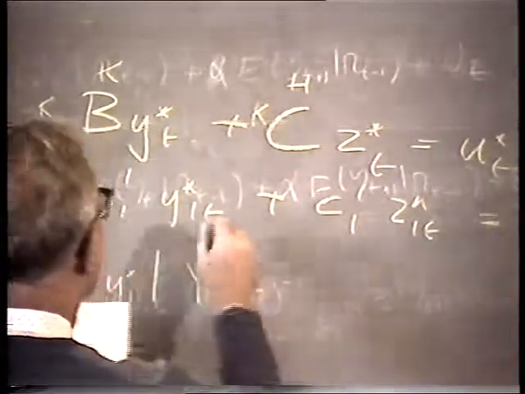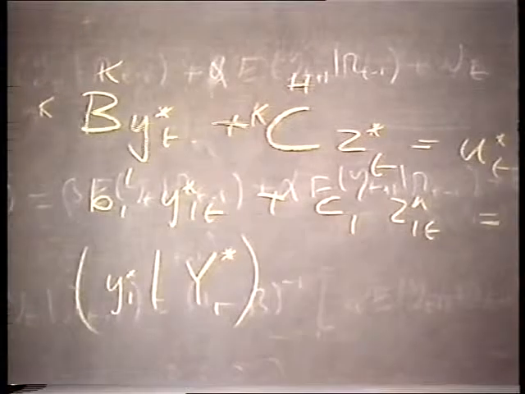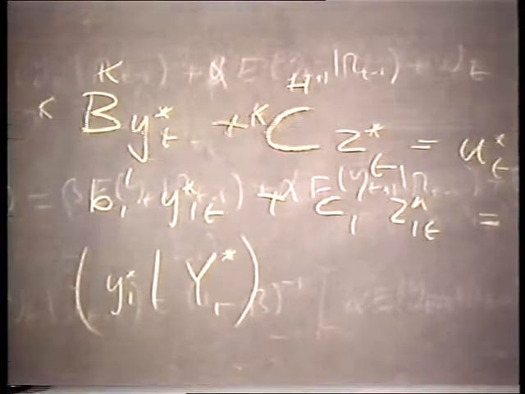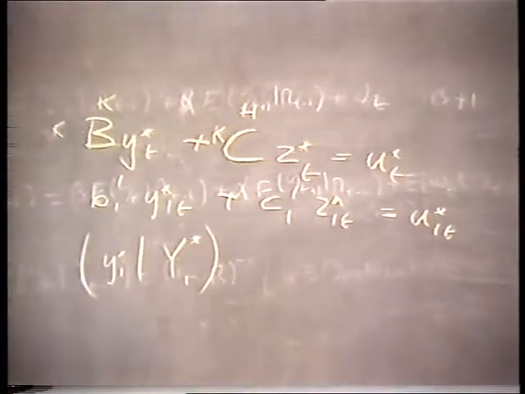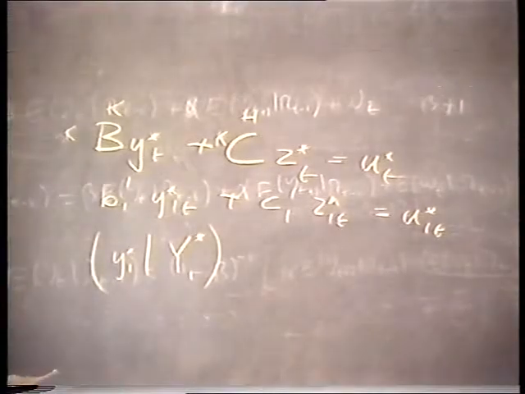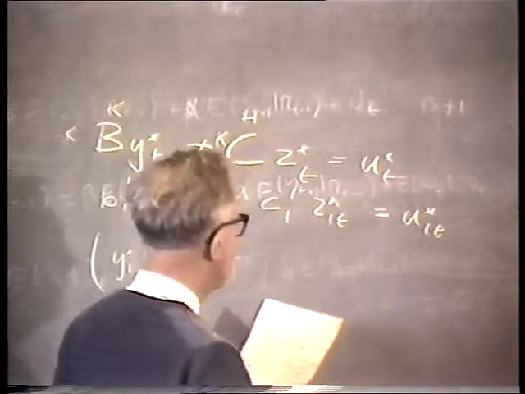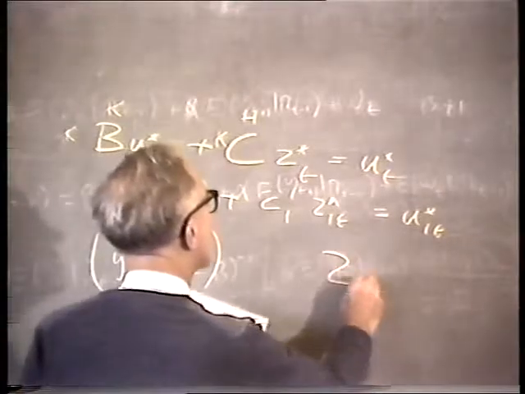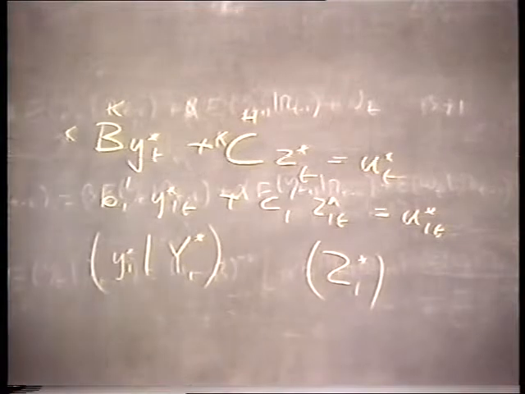And so if we now put the two together, that is the matrix of data for the y1 star t variables. The tth column of this combined matrix is y1 star t prime. Then similarly, we write z1 star for the data matrix corresponding to the z1 star t.